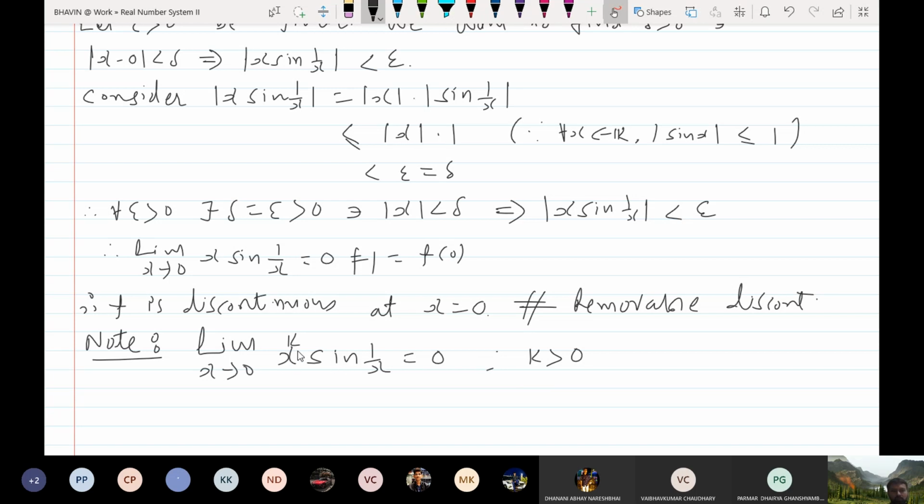So how can you prove this limit is 0? Just take epsilon and estimate x raised to k sine 1 upon x. This is less than or equal to mod of x raised to k, so this becomes delta raised to k. So the relation between delta and epsilon is epsilon equal to delta raised to k. So delta is nothing but epsilon raised to 1 upon k. Clear? Have you got the idea of it?